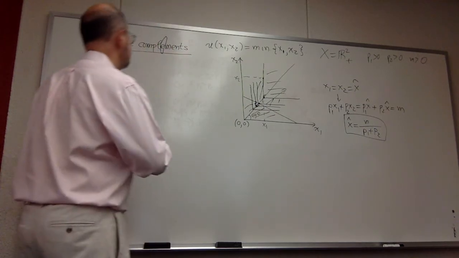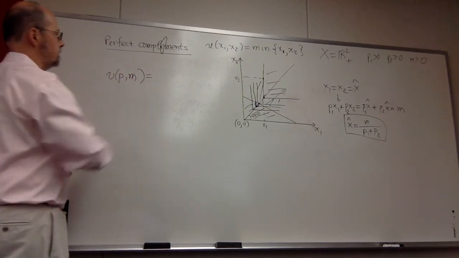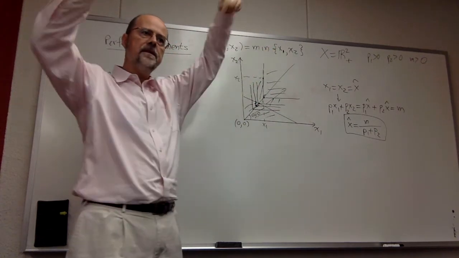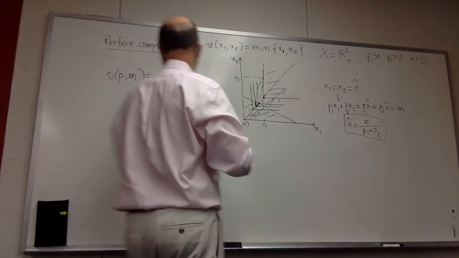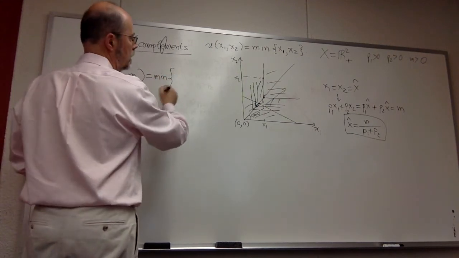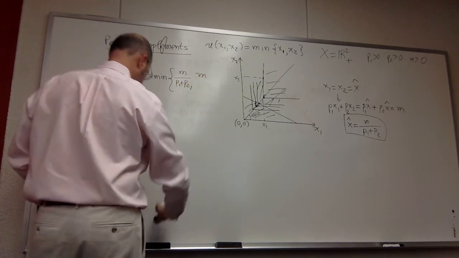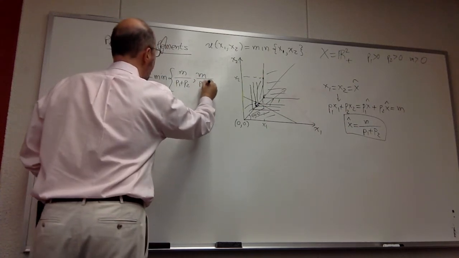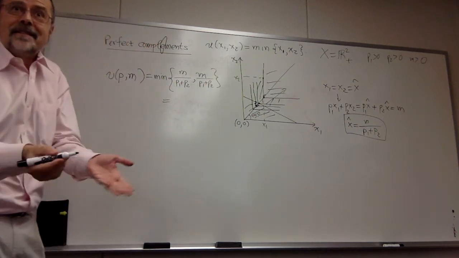Okay? So, indirect utility function for this case is, let's see, I need to go to this formula, of course, and substitute for x1 and for x2 the optimal amounts. So, minimum of m over p1 plus p2, m over p1 plus p2, equals, well, these are always equal.